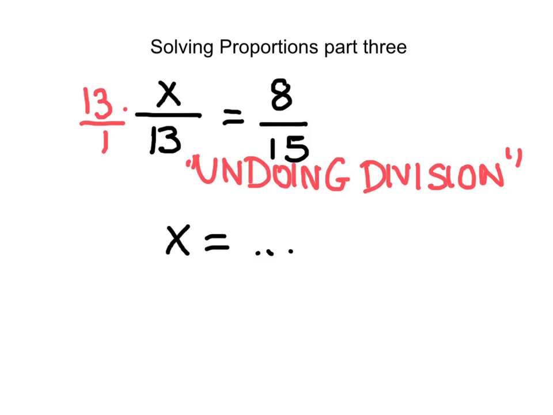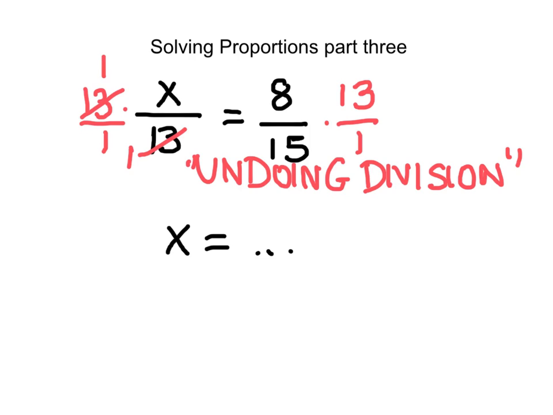If I do that, the 13 will cancel, and I'll have x all alone. However, this is an equal sign, which means that I have to do the same operation on the opposite side. So to keep my equation balanced, I would have to multiply the right side by 13.